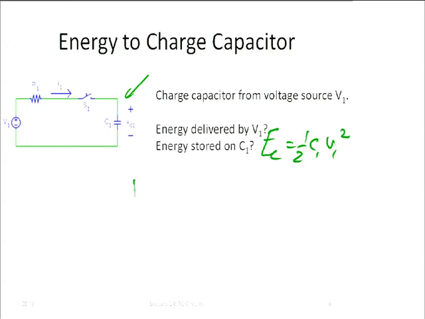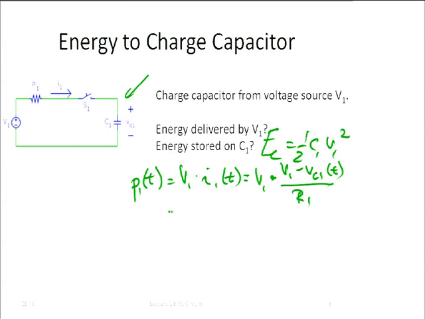That is equal to V1 minus Vc1 of t, which we just calculated, divided by R1. And if we go a little bit further, we get V1 squared over R1 times e to the minus t over tau.